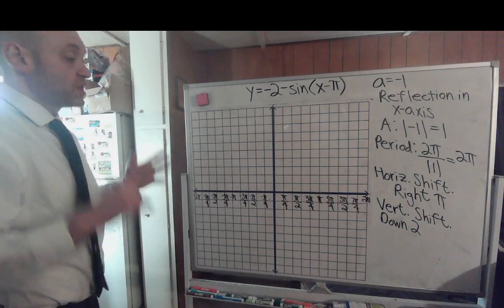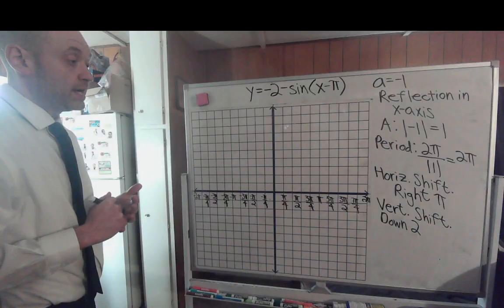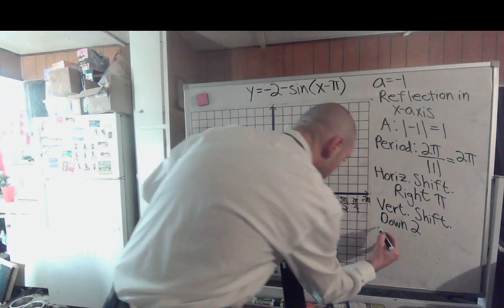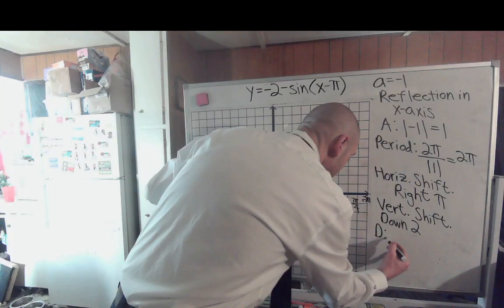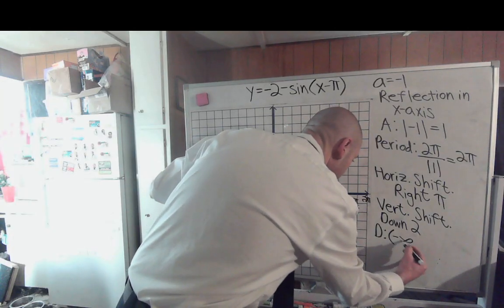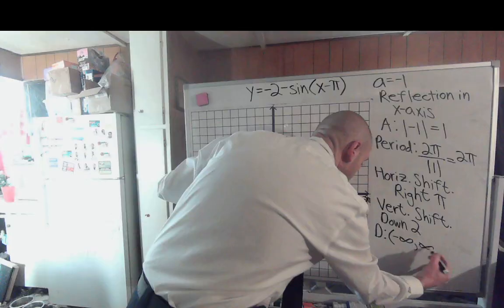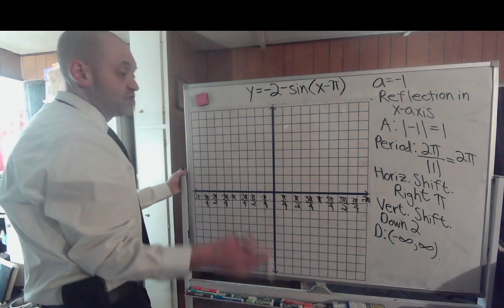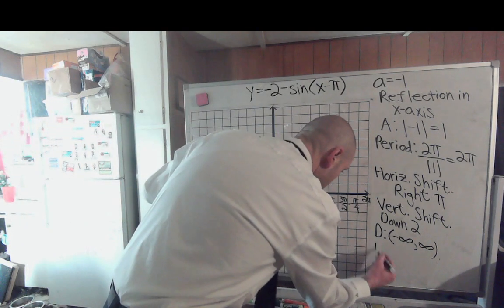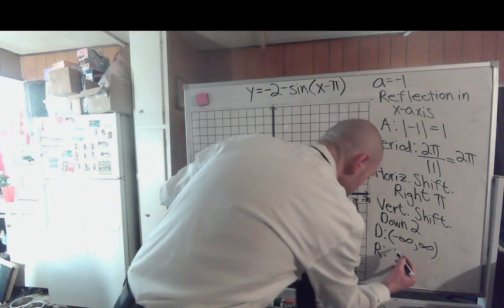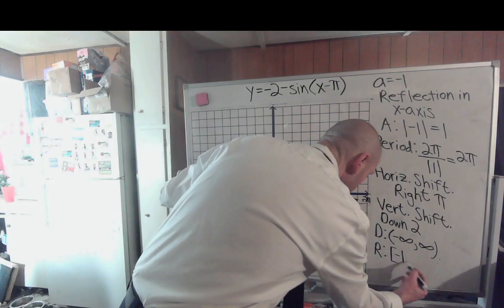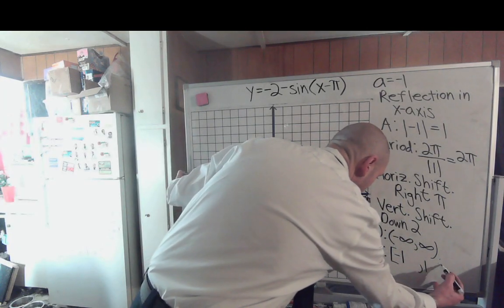All right, so let's go ahead now and, oh yeah, what's our domain? The domain is -infinity to infinity. That hasn't changed, but what's your range? So your normal range with an amplitude of 1 is normally -1 to +1, right?